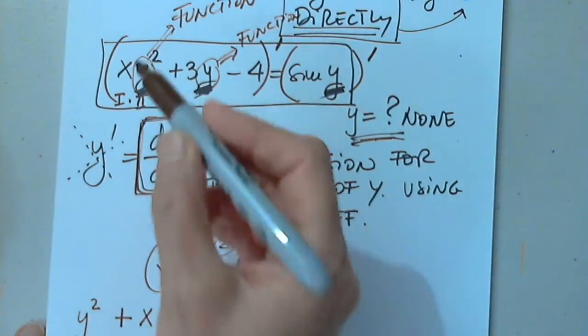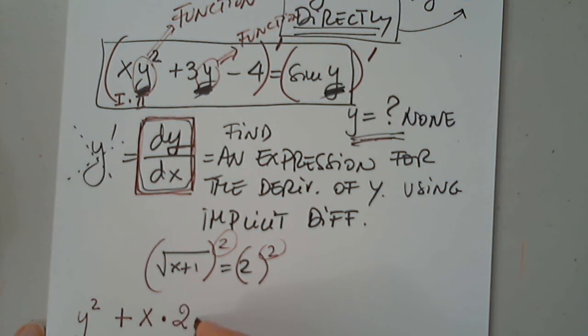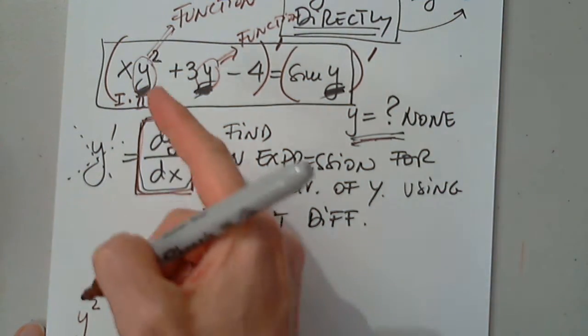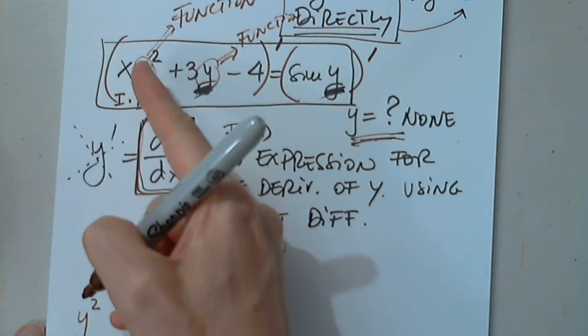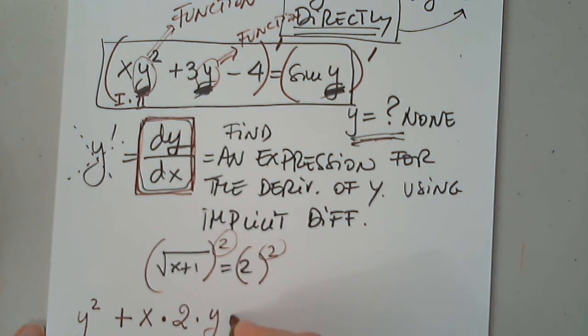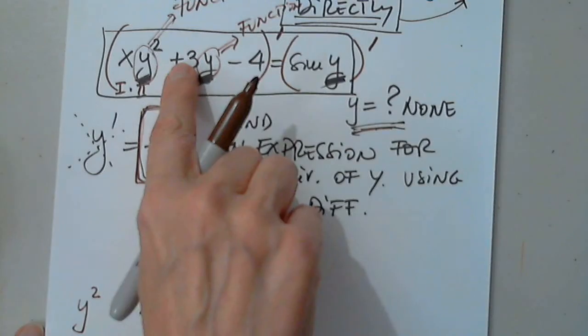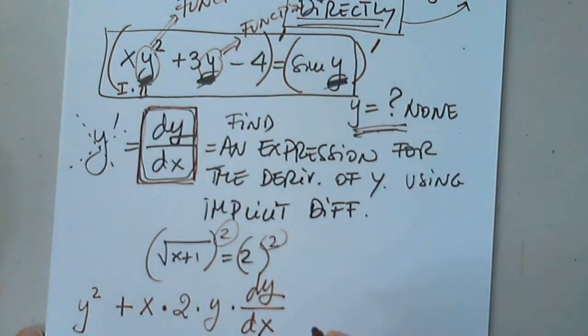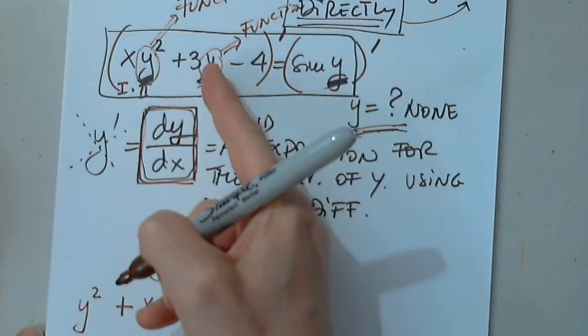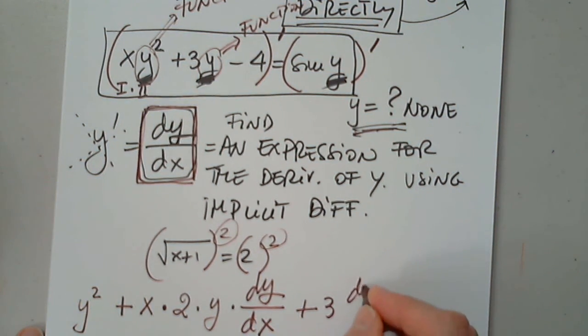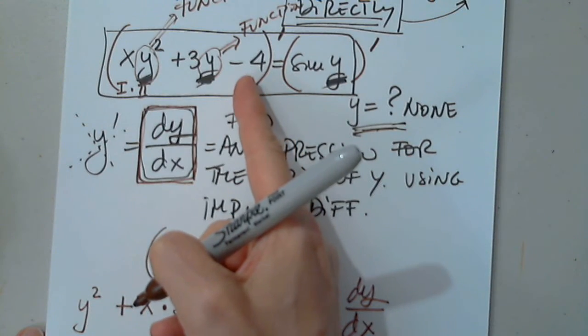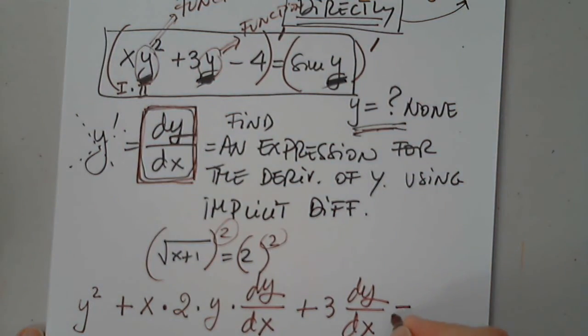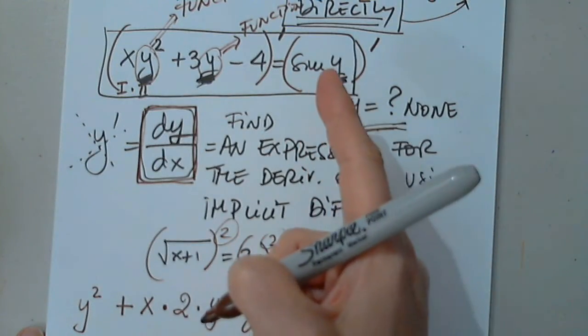A function squared prime is 2 times the function to 2 minus 1 times the inner function prime, plus 3 times the function prime minus 0 equals outer function, inner function.